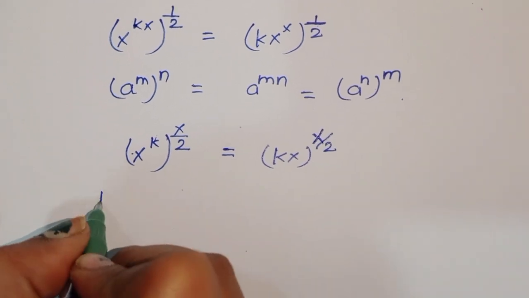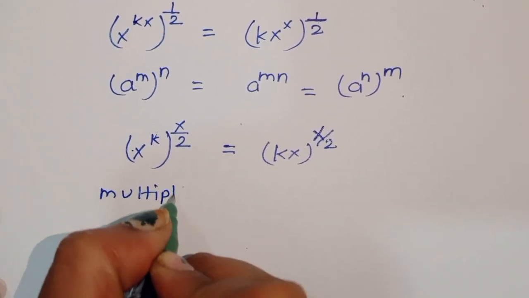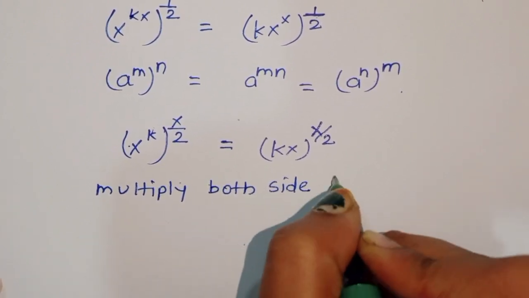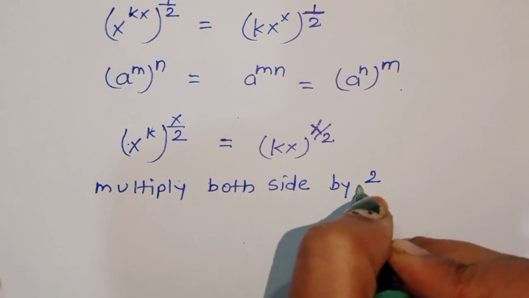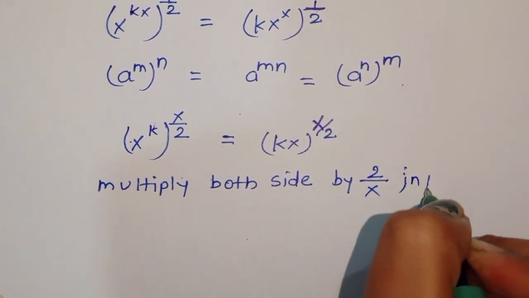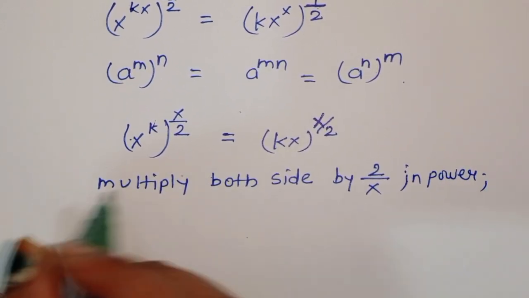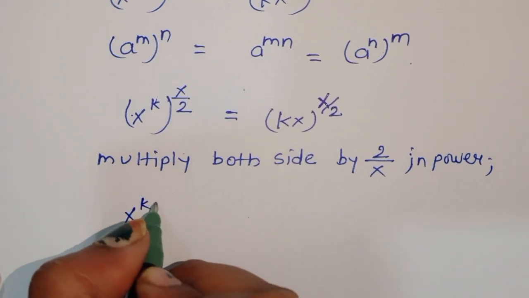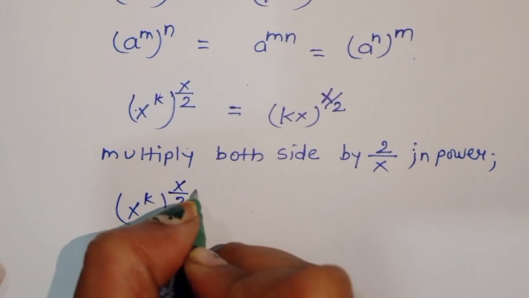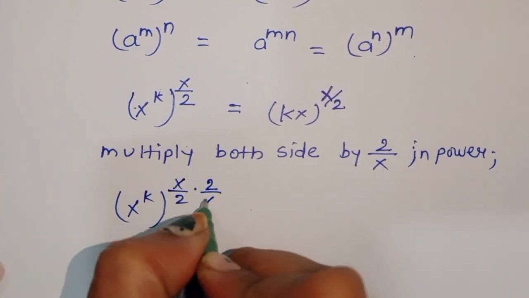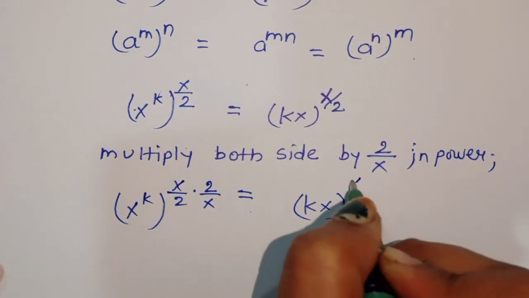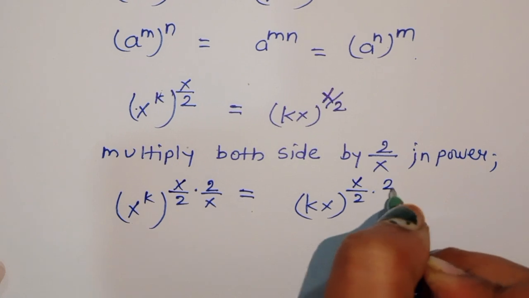Now multiply both sides by the power 2 upon x. We will get x raised to k raised to x by 2 raised to 2 by x is equal to kx raised to x by 2 raised to 2 by x.